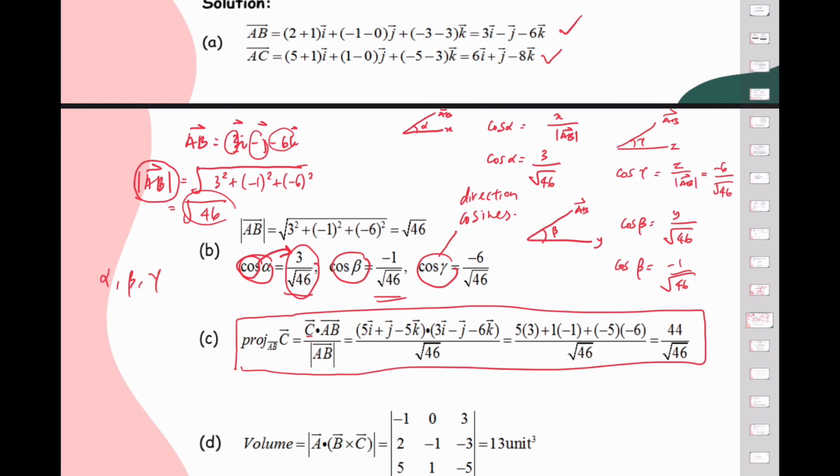Okay, we just need to do a dot product. Okay, so dot product 5 times 3 plus 1 times -1 plus -5 times -6. Okay, so you will have 44 over square root of 46. This one is the projection of vector C onto vector AB.